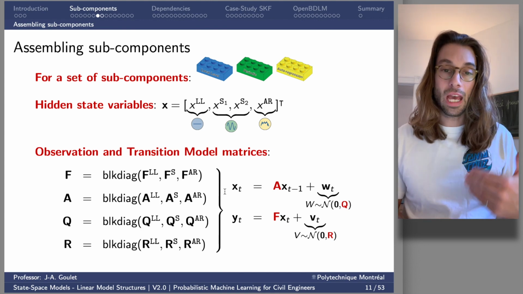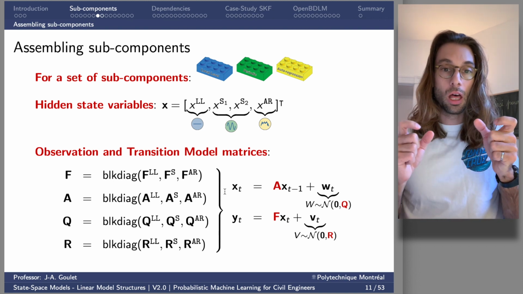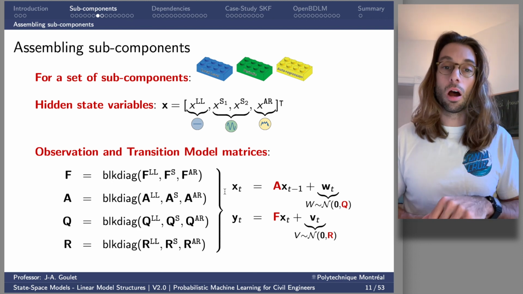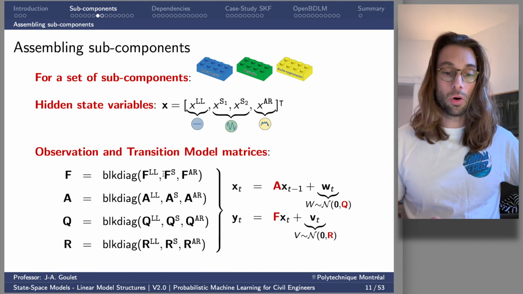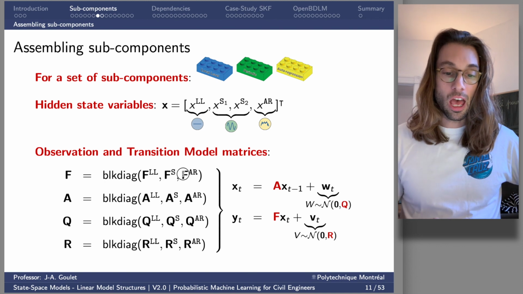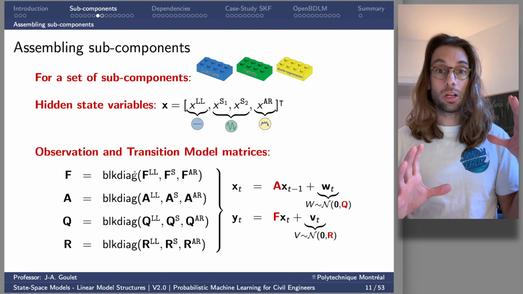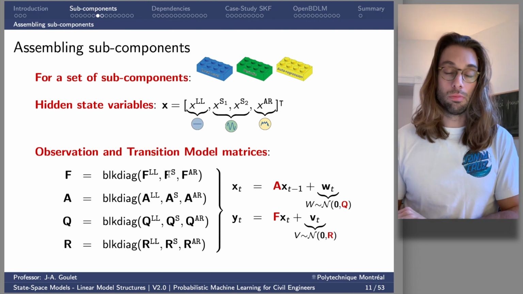You're going to concatenate on the diagonal the F matrices, the A matrices, the Q matrices, and the R matrices, okay? So for instance, you're going to have an F matrix for the local level component, an F matrix for the periodic component, and an F matrix for the autoregressive component. So you build a larger matrix where on the diagonal you have those matrices.